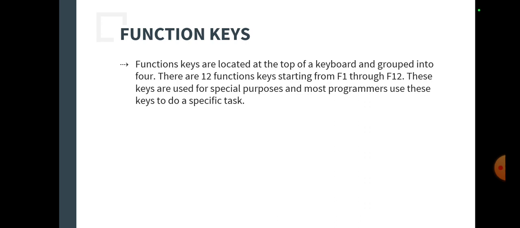Next, we will discuss the function keys. Function keys are located at the top of a keyboard, grouped into four. There are 12 function keys starting from F1 through F12. These keys are used for special purposes, and most programmers use these keys to do a specific task.